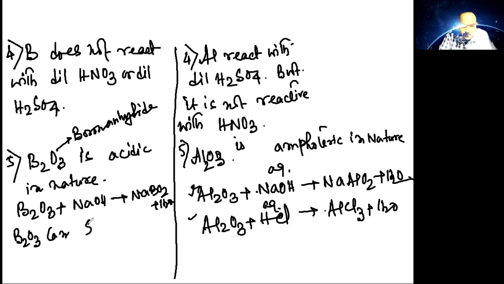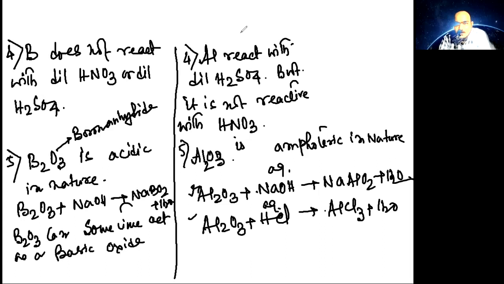So this is the reaction with both acid and bases, but B2O3 can sometimes act as a basic oxide, because I'll give the reaction to you. This will be like that: B2O3 plus P4O10 will produce BPO4.